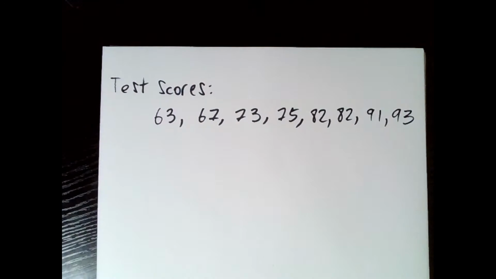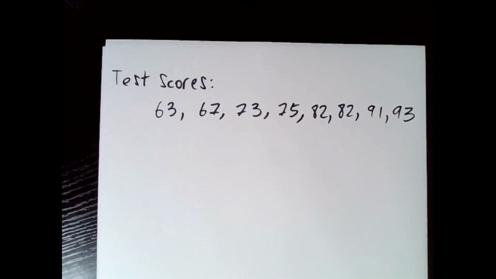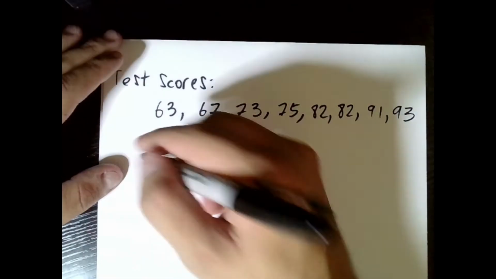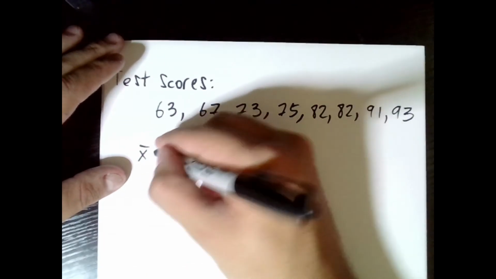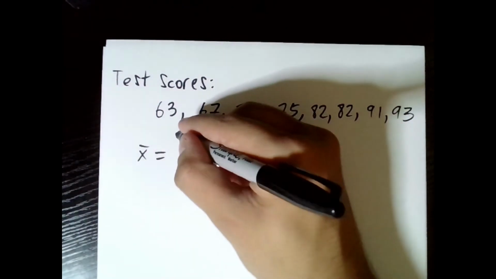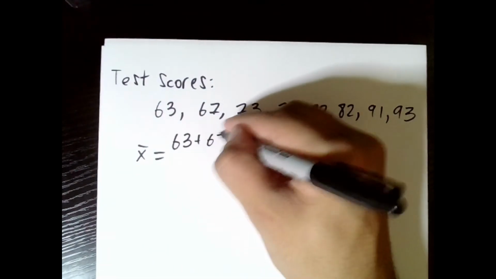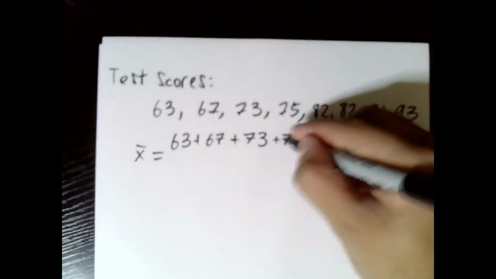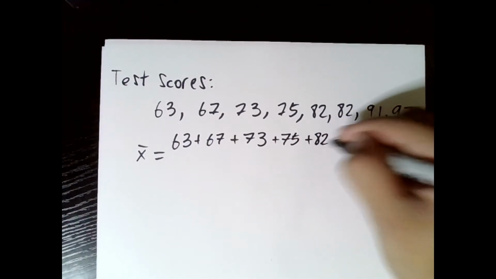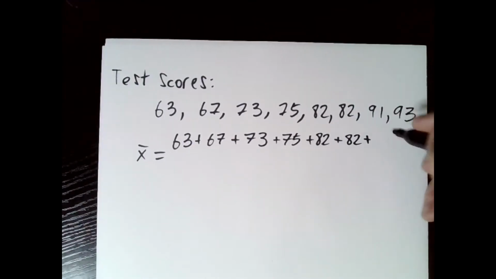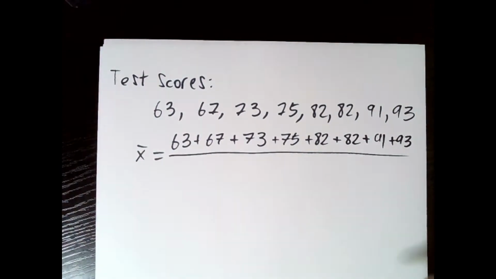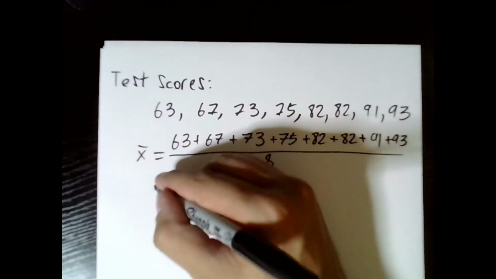Okay, so we have a couple observations here. If we call the mean of the test scores x bar, we can of course find x bar by adding all of these observations over the number of observations, which is 8.